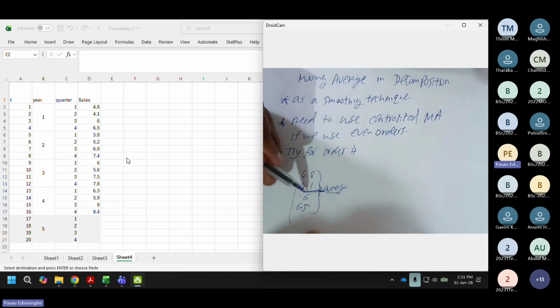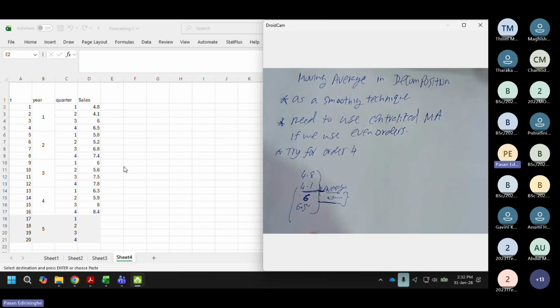The next four are also predicting something over here. And if you take the average of these two, then that's predicting over here, representing this number here. Everybody see that? So that's why we need to have that centralized moving average.